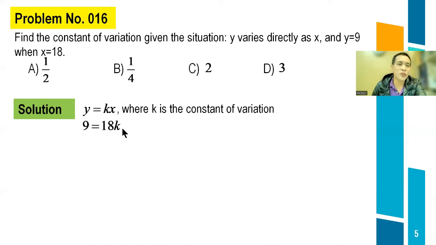We're going to solve for the value of k. We can divide both sides of the equation by 18, so k is equal to 1/2. Therefore, the constant of variation, k, is equal to 1/2, which is letter A.